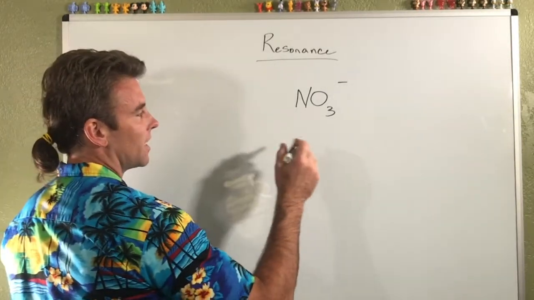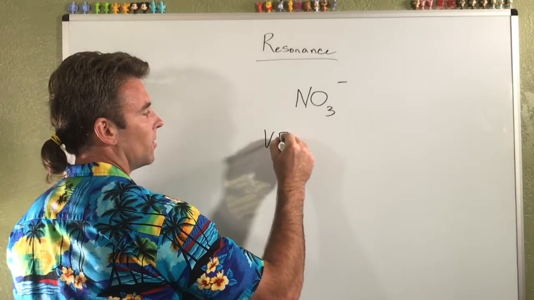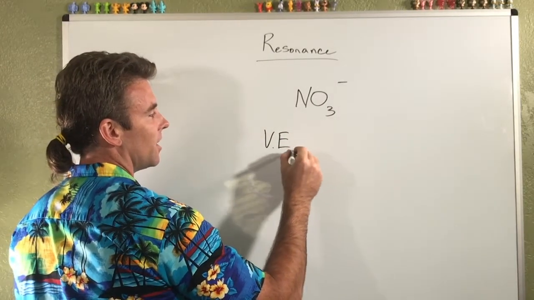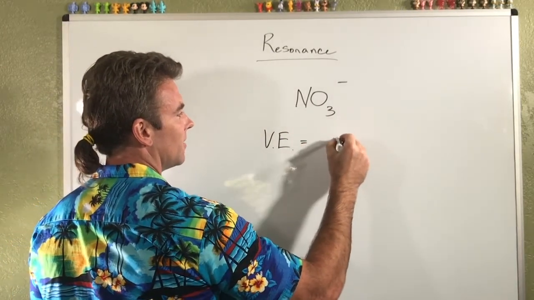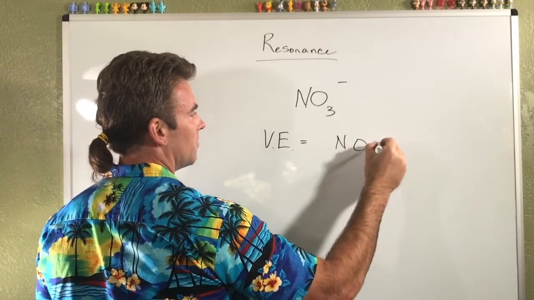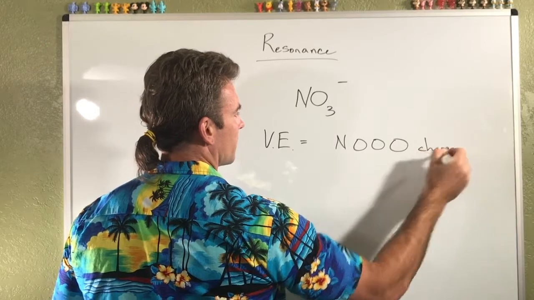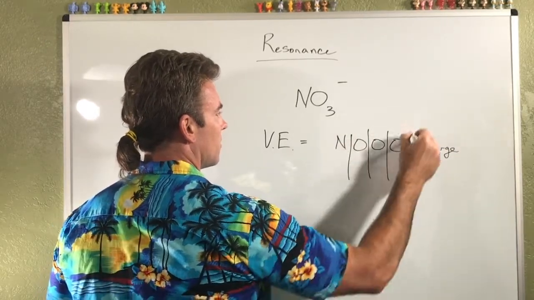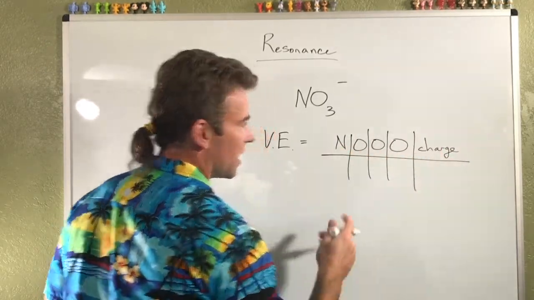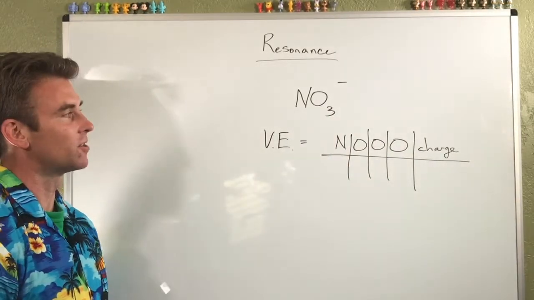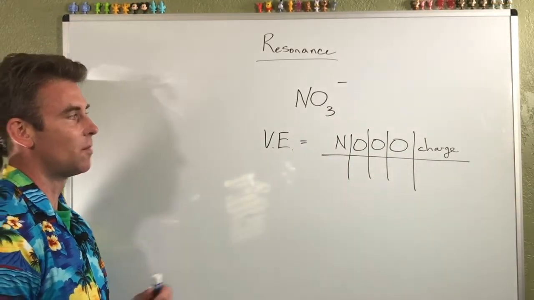But what I always like to do is take my total number of valence electrons, and I make myself a little table here. Then I just enter the number of valence electrons that I know each atom comes to the party with.